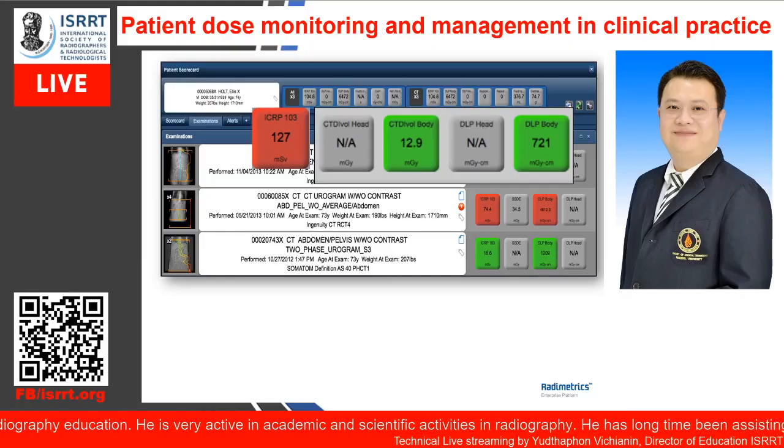We look at the CTDI volume just to compare if the technique that we expose to the patient is optimized or not. But in reality, the patient dose is the DLP, dose length product. Dose length product is equal to CTDI volume multiplied by the scan length. All right, this is CT.